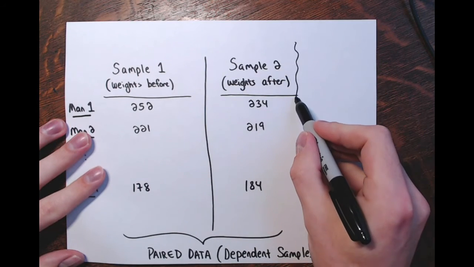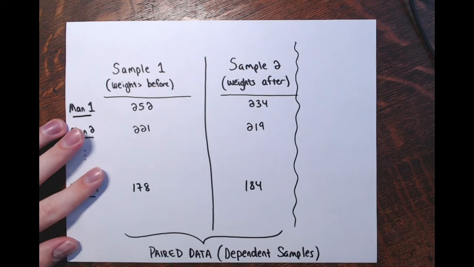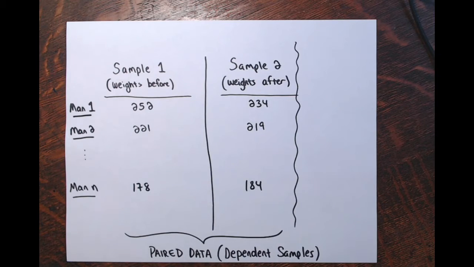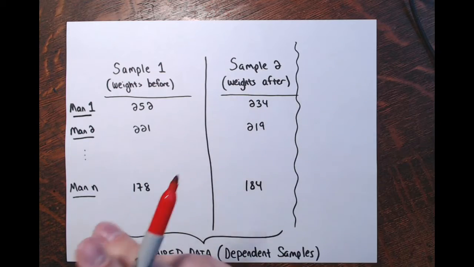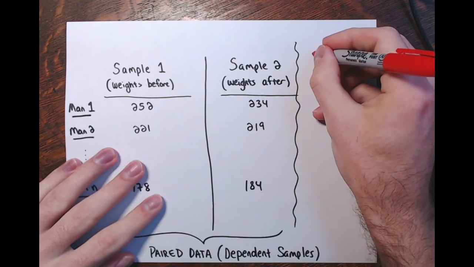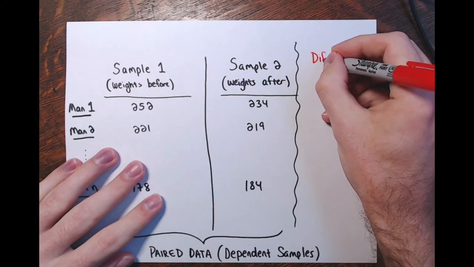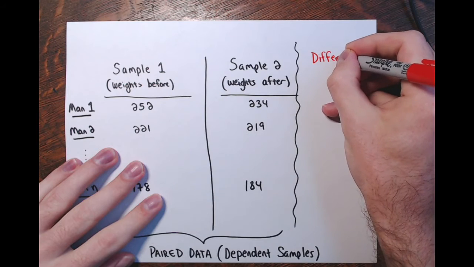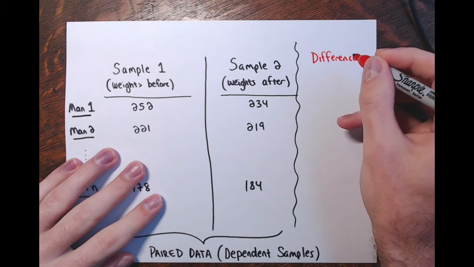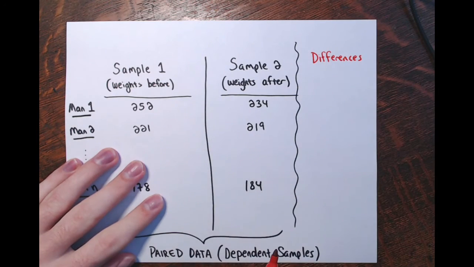What we're going to end up doing is performing a hypothesis test about the average difference between these pairs of data. So I'm going to create a third column where we look at the differences, to see if there's any significant difference between the values in the pairs.